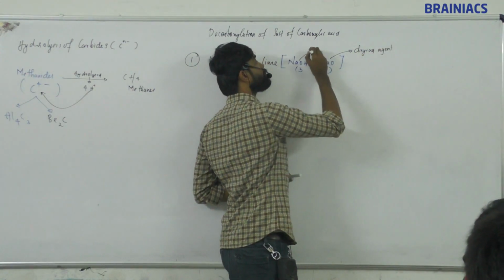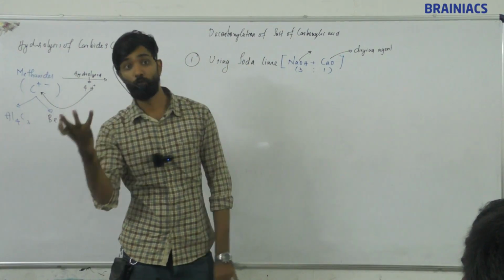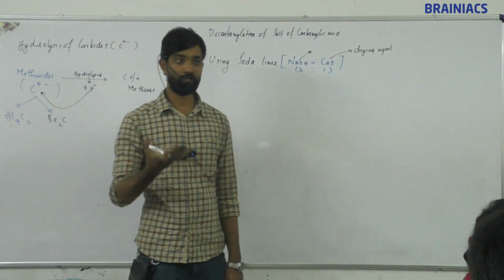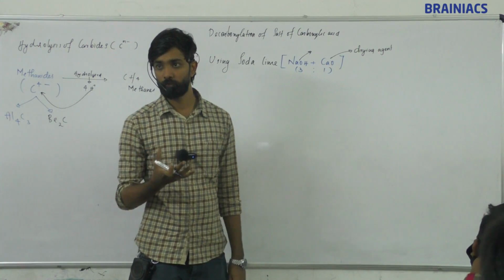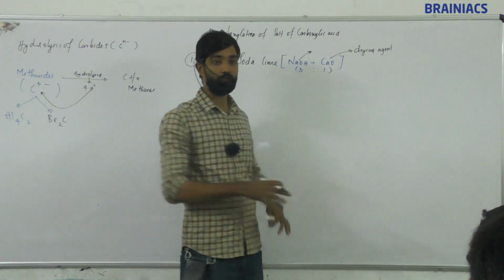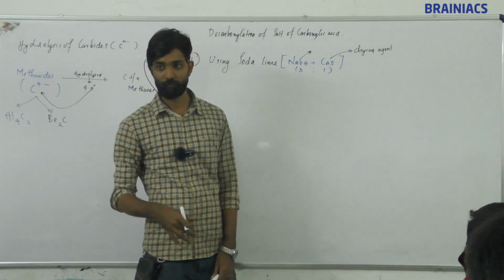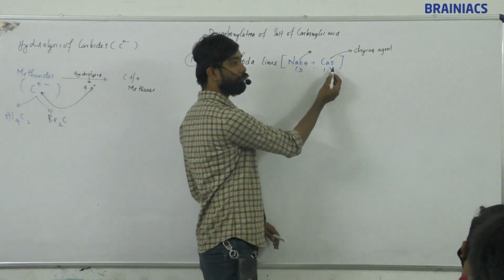NaOH is hygroscopic, moisture absorbing. NaOH readily absorbs moisture, so CaO helps to keep the NaOH dry. That is the purpose of CaO here.